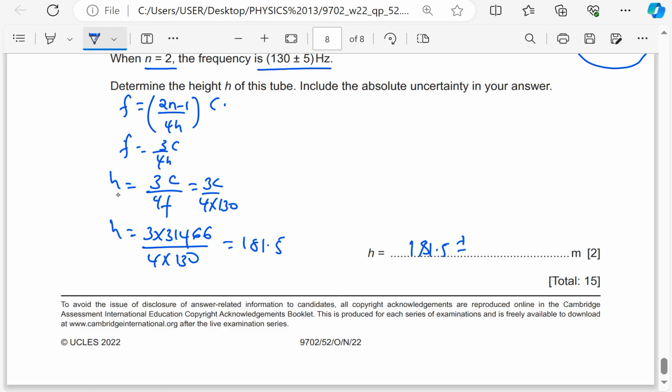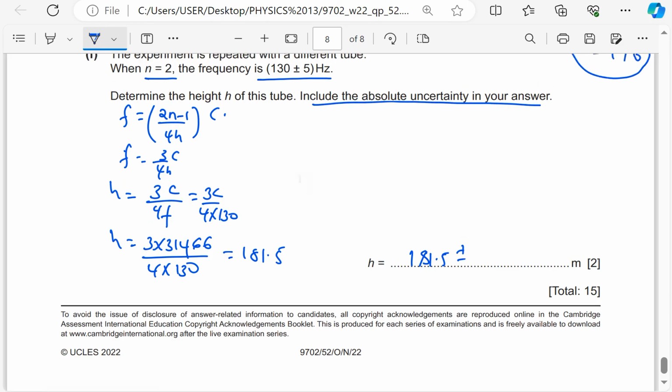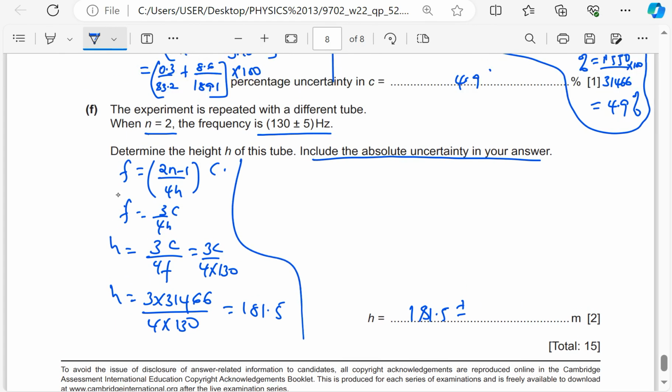181.5 plus or minus, because they said include the absolute uncertainty in your answer. So for those who are good at calculating absolute uncertainties, for method number 1, the absolute in H would be equal to, I'm using this formula here. 3 and 4 will not affect.